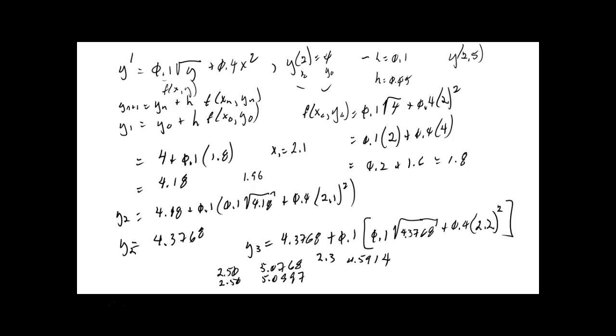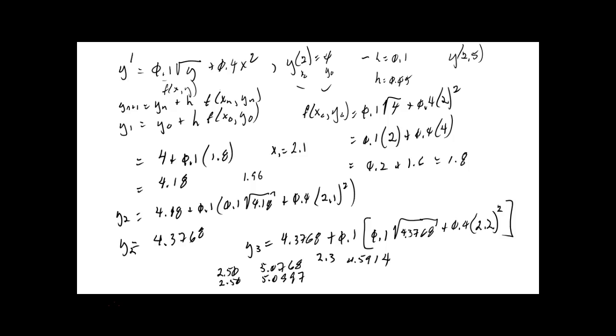You do the same process again, but this time you put this in here, put it in there, and then use the 2.3 there. So why are we increasing it by 0.1? They just told us to. They use the h of 0.1. The next time you do h of 0.05, so it's going to take you 10 steps.